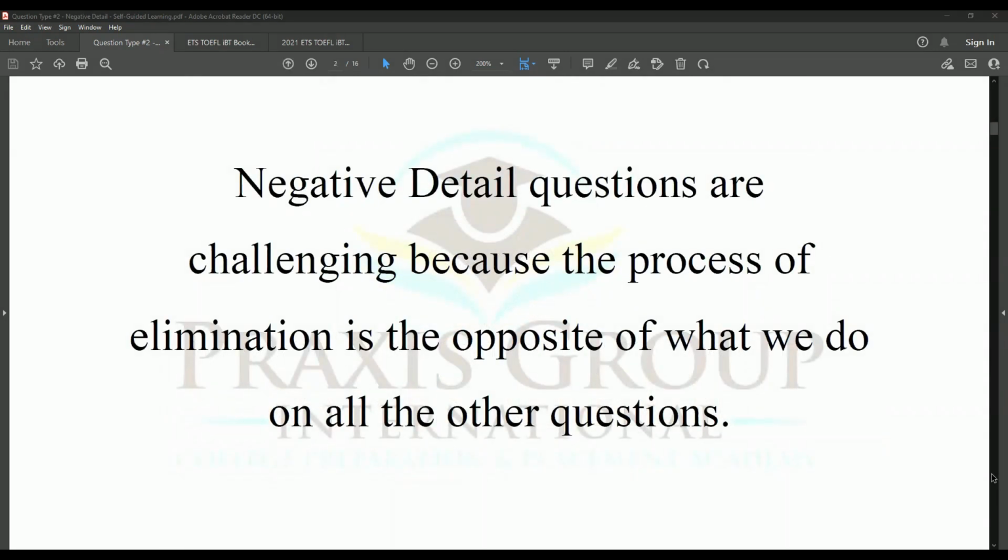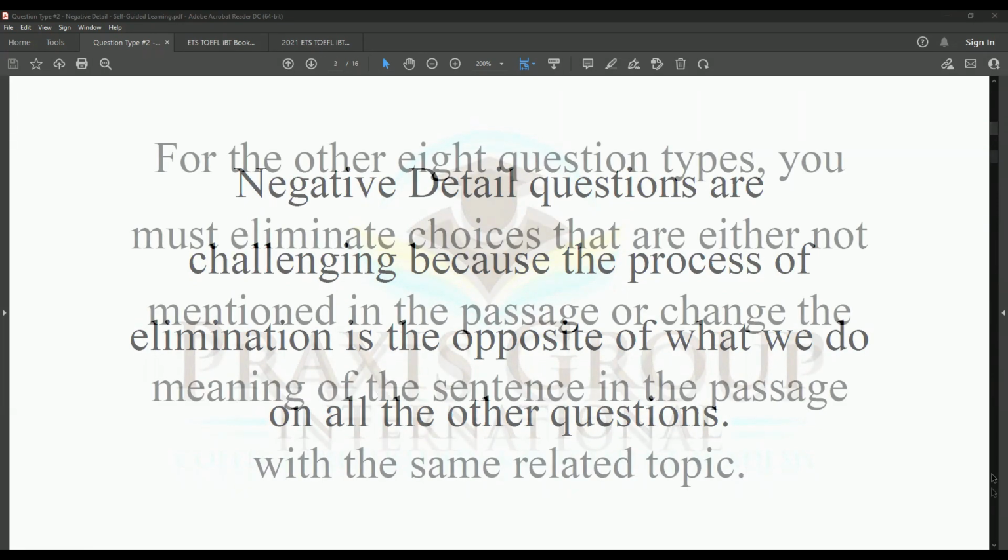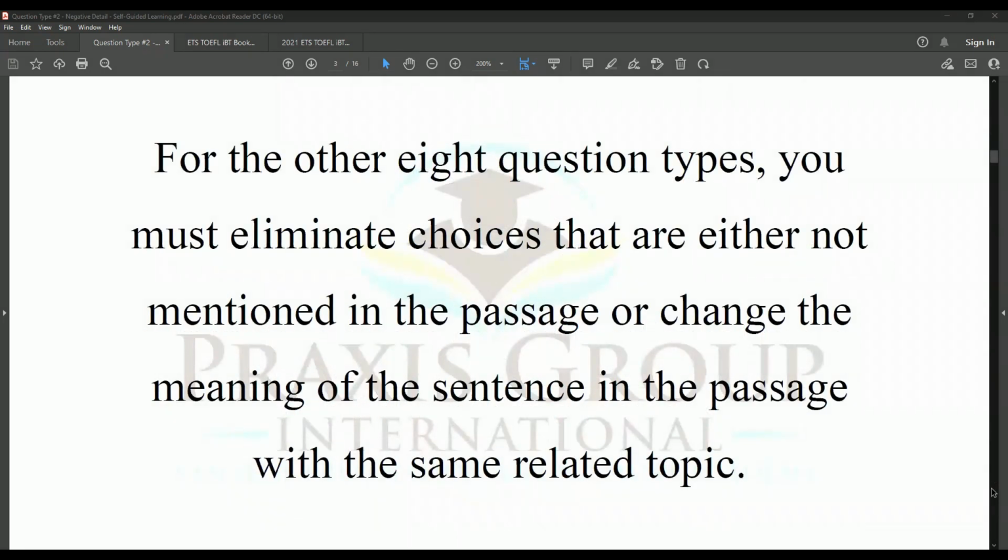Negative detail questions are challenging because the process of elimination is the opposite of what we do on all the other questions. For the other 8 question types, you must eliminate choices that are either not mentioned in the passage or change the meaning of the sentence in the passage with the same related topic.